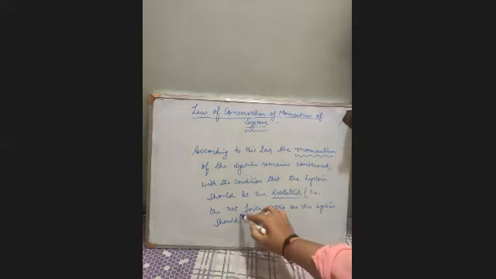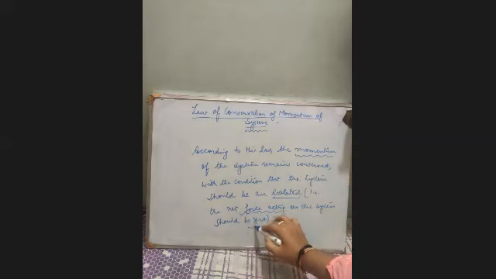That momentum of the system will always remain conserved, but with the condition that the force acting on the system should be what? 0, right? So we have just studied this law of conservation of momentum theoretically.